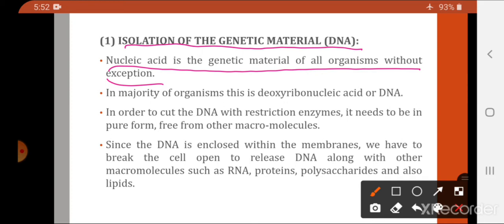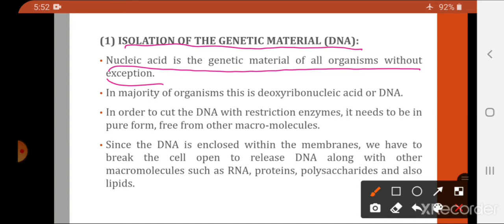Now these nucleic acids are of two types. One is DNA and another one is RNA. But we know that in the majority of organisms, it is the DNA which acts as the genetic material. Only a few viruses have RNA as genetic material. Otherwise, with the exception of those few viruses, all organisms have DNA as the genetic material.